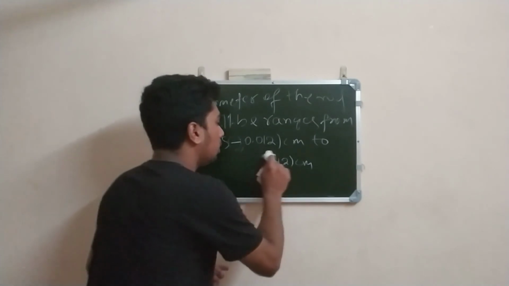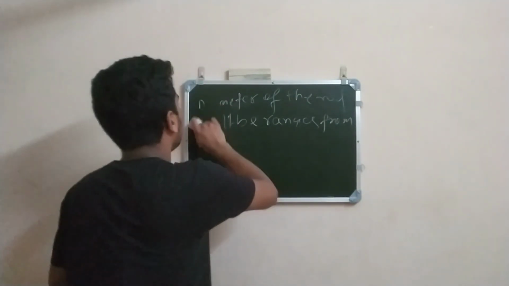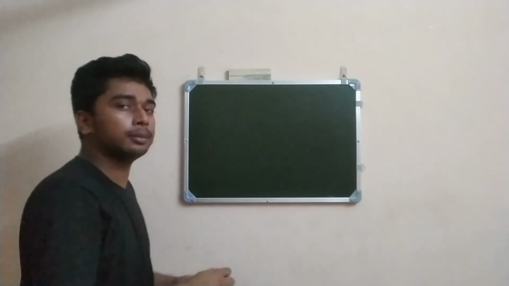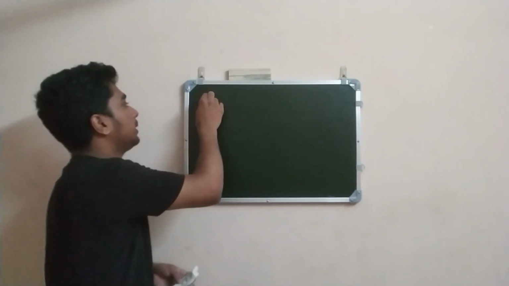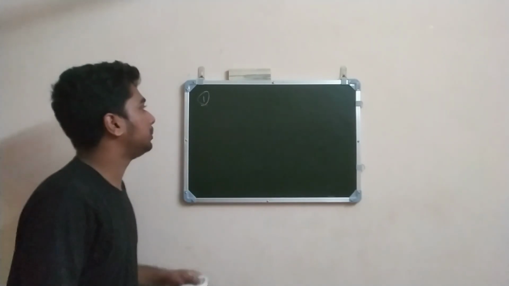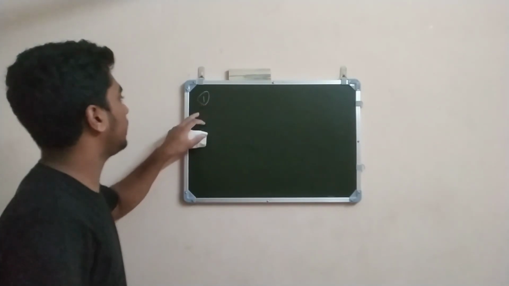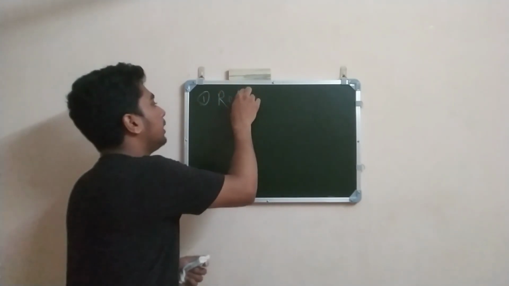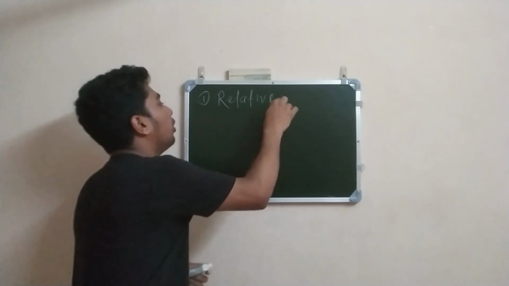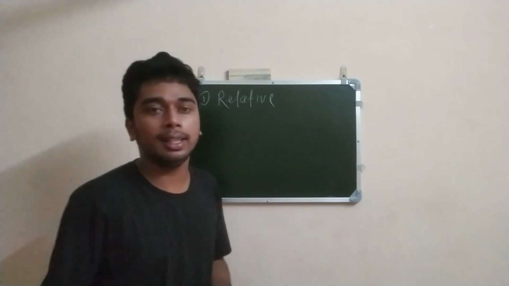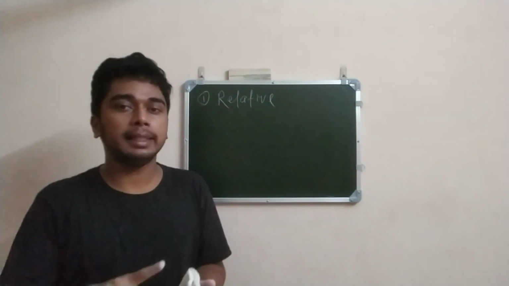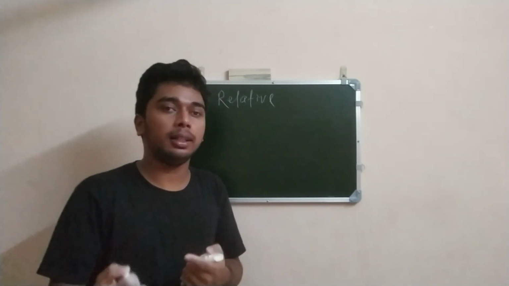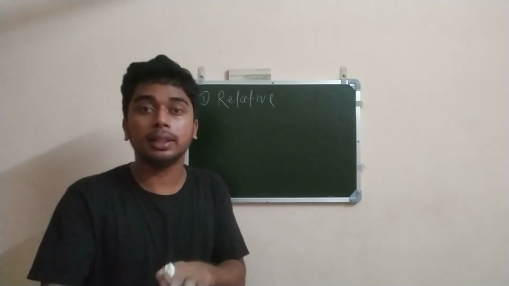Let us see some other properties of this error, with an example. Let us see some other definitions. The first definition is the relative error. What is relative error? It just compares the deviation from the actual value.